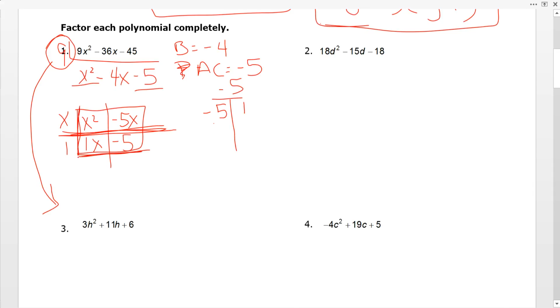For my left-hand column, there's an x that they both have in common. And for my right-hand column, I put a negative because this one is negative, and then 5 is my common factor. So here are my two binomials. I'm going to put my 9 in front, x plus 1, x minus 5.